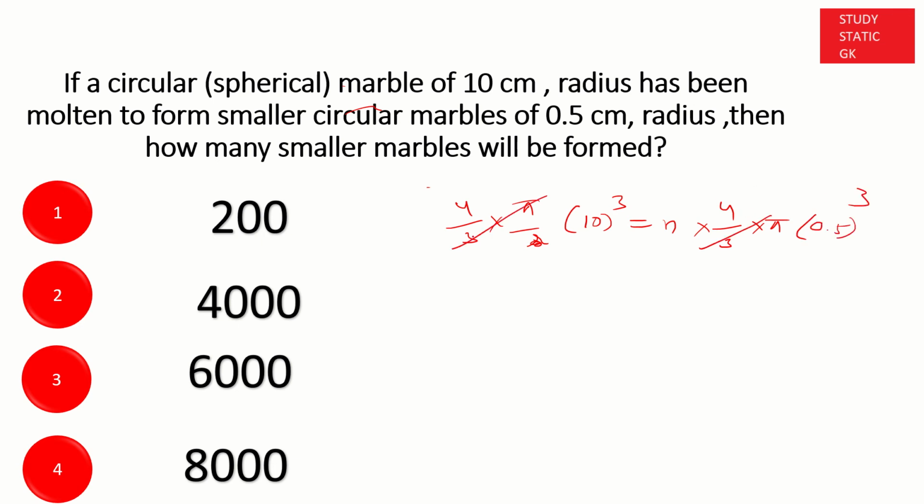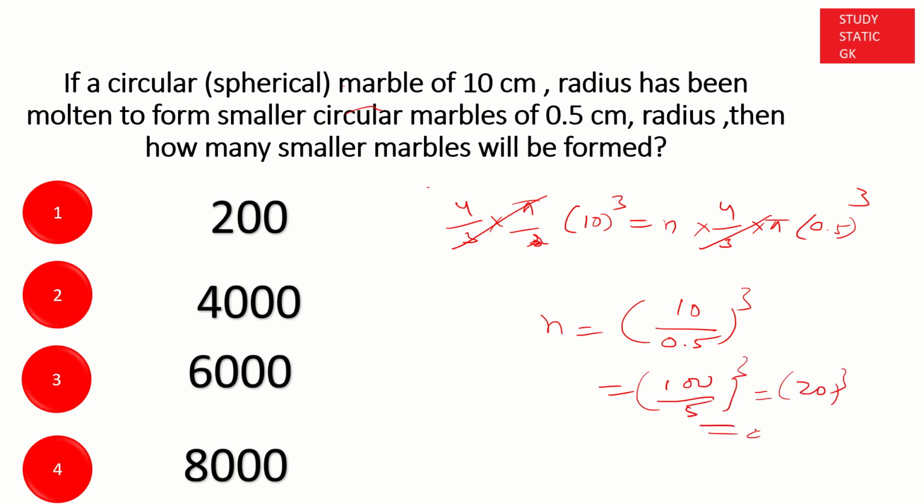So this will round off, n is equal to 10 by 0.5 whole cube. So 100 by 5 whole cube, 20 whole cube, that is equal to 8,000. 20 into 20, 400, 400 into 20 again 8,000. So 8,000 is the answer.